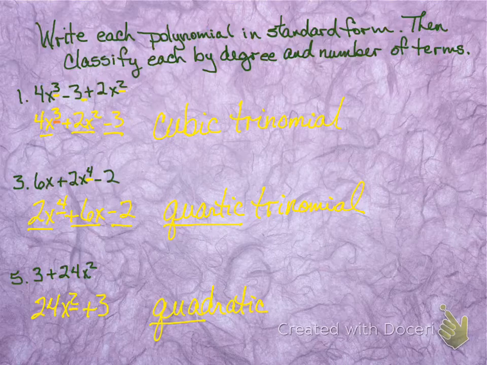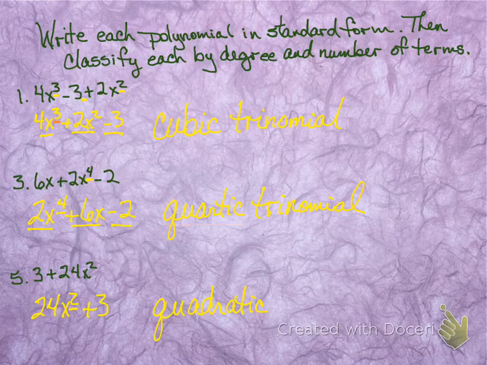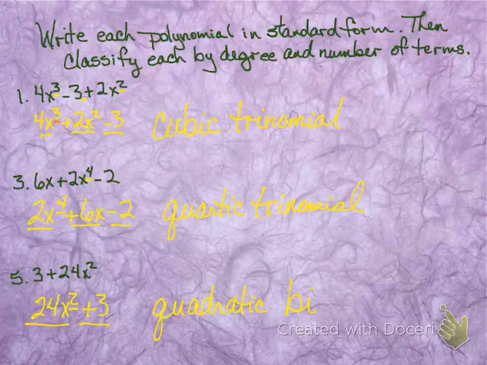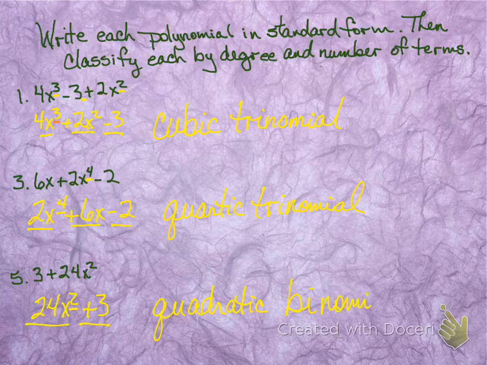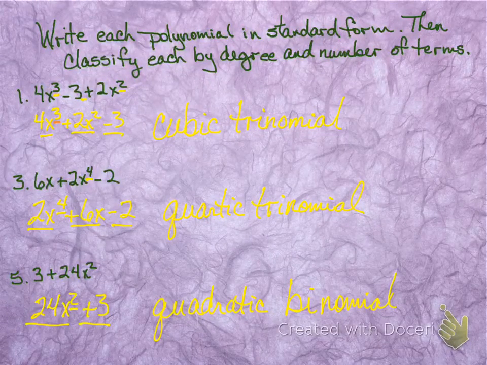Quartic, think of quarter, 4 quarters to a dollar, so 4th power is quartic. Not quadratic. Quadratic is squared. And then we have 1, 2 terms, so that is a binomial. Okay, so a quadratic binomial for number 5.